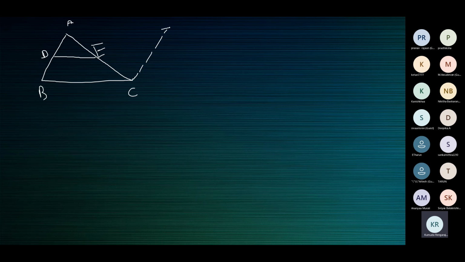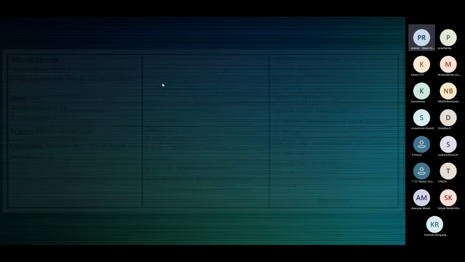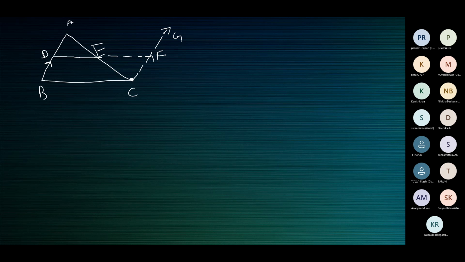So through C, draw CG parallel to AB, so that when you produce DE, it intersects CG at F. So through C, draw CG parallel to the side AB.